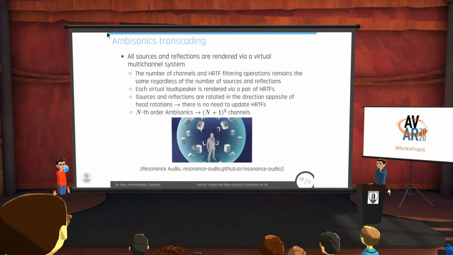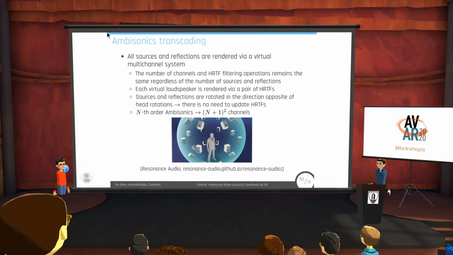An alternative approach popular in XR applications is transcoding higher order ambisonics content for playing back binaural audio. It is a clever, albeit not so new method. Transcoding multi-channel audio to binaural, or playing back multi-channel audio in binaural rendering, has been around for at least 2 decades now.